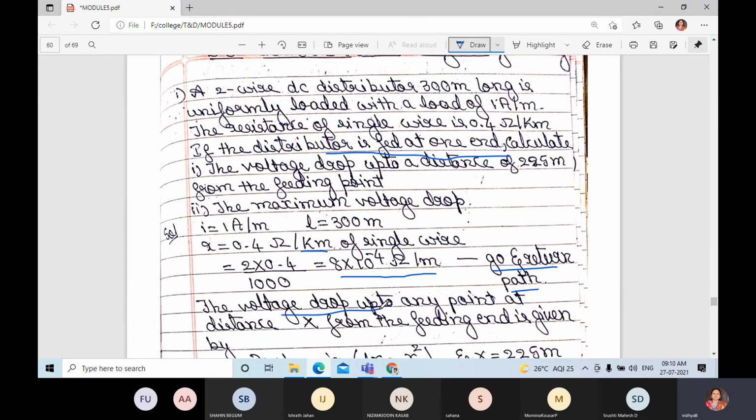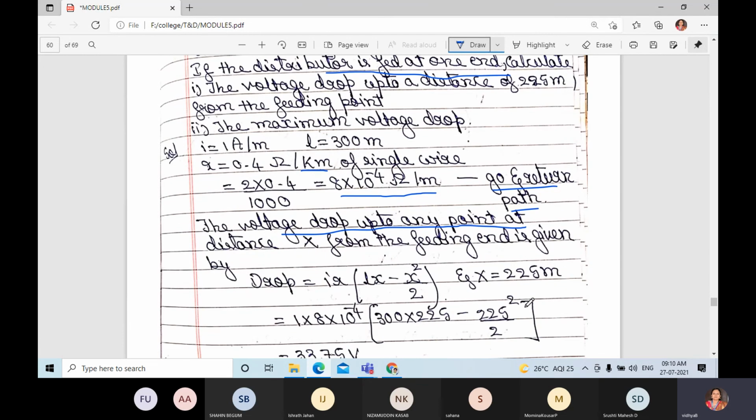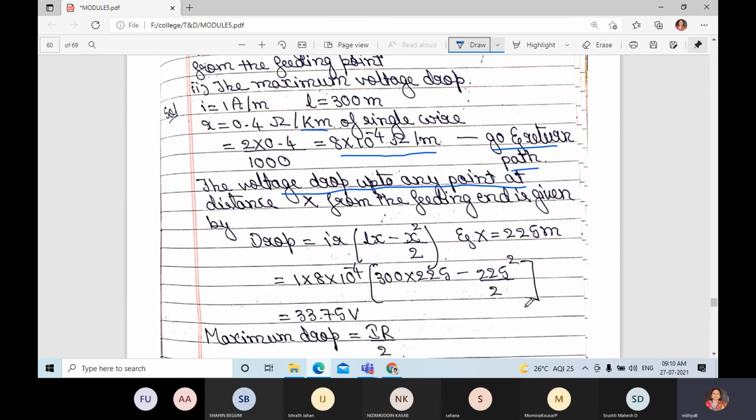The voltage drop up to any point at a distance x from the feeding end is given by IR into (Lx minus x square) divided by 2. There is a formula, right? Yes, we have solved it in uniformly loaded. Here x is equal to 225 meter.